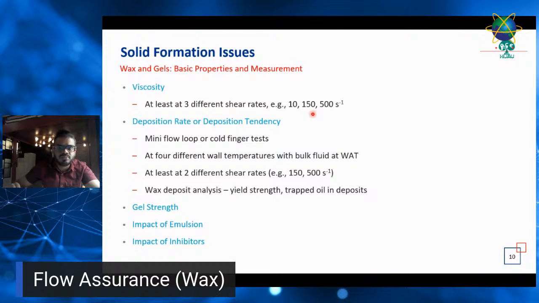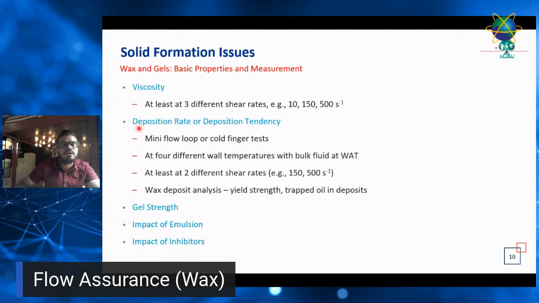So in the lab, we need to specify to the lab people to conduct it at three different shear rates. And these particular numbers must be consistent with the flow rates in your flow line, so that we can have a better measurement of the viscosity and also a better prediction later on when we're doing the modeling.